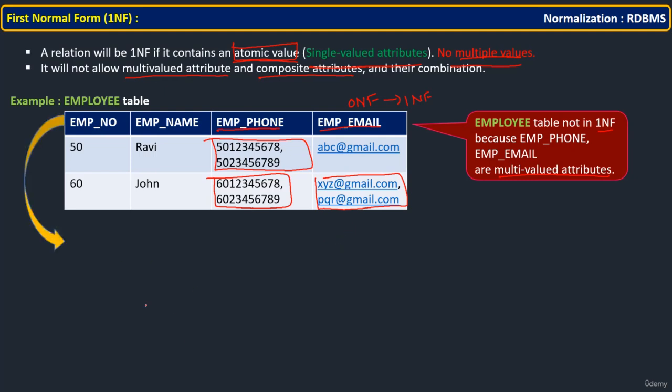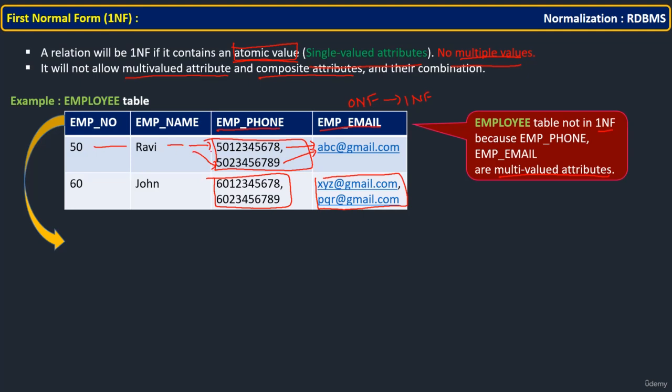So what we have to do to convert into first normal form is what we are going to build here. In every cell, we must have only an atomic value. What we can do is, one time you add one phone number with the whole data, and another time you add the other phone number.